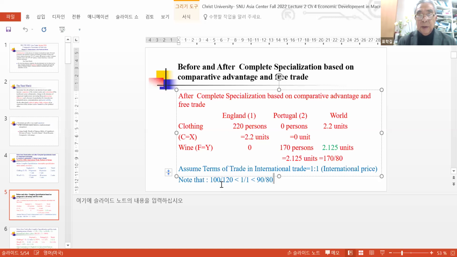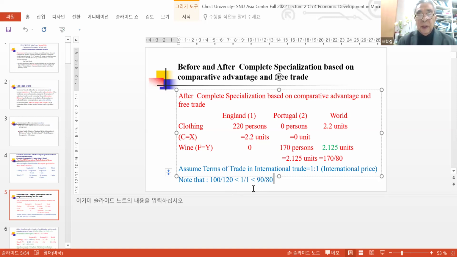So the 1-to-1 assumption is made such that it can be bracketed between the two prices. Left-hand side, 100 divided by 120 could be regarded as the before-trade price of clothing in England. 90 divided by 80 could be regarded as the before-trade clothing price in Portugal.